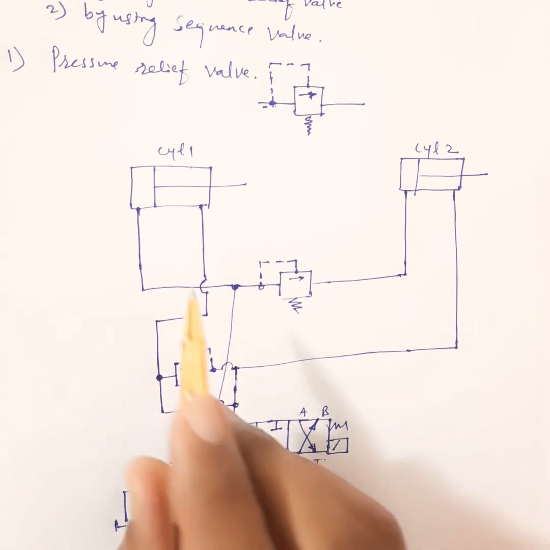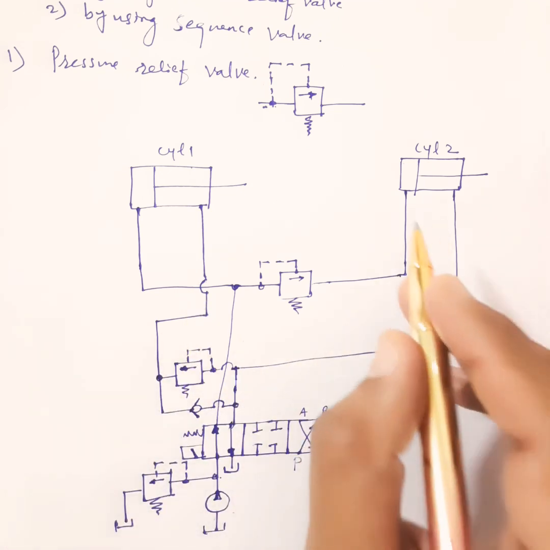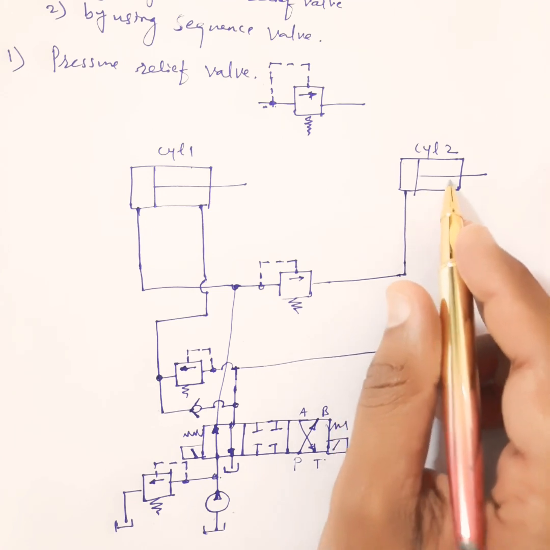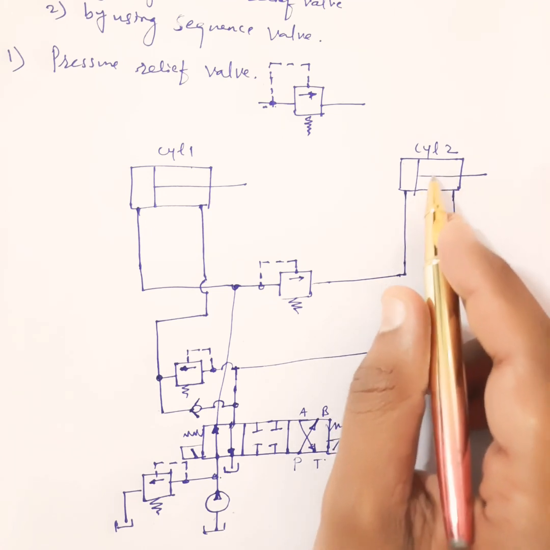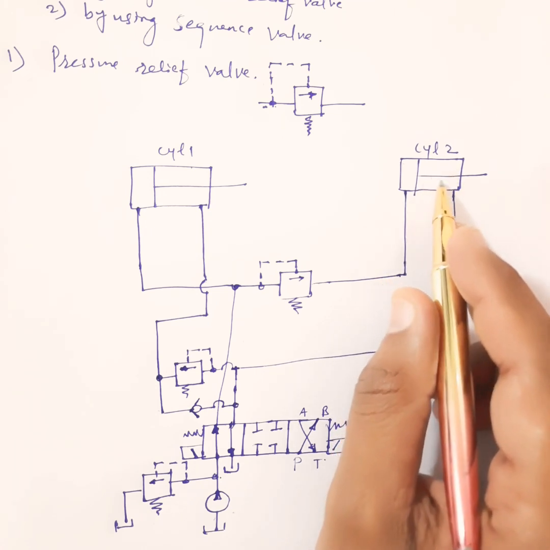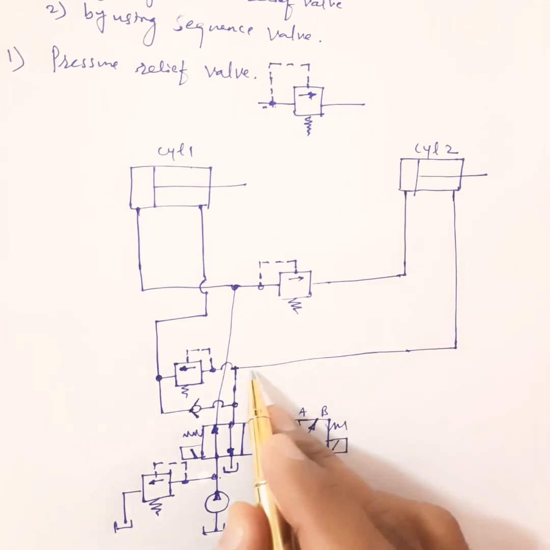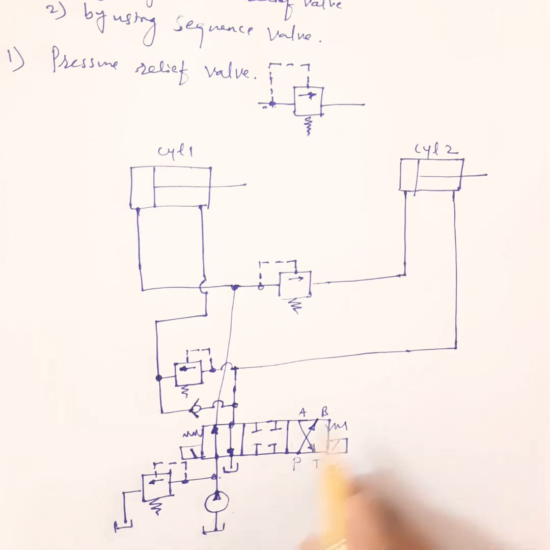Now when piston 2 is extending, again the pressure will increase here. This side fluid should go to the tank, so this side fluid will come here, and as it is directly connected to the tank, you have to install nothing because it is a direct line to the tank. Okay, so no problem for the return fluid.